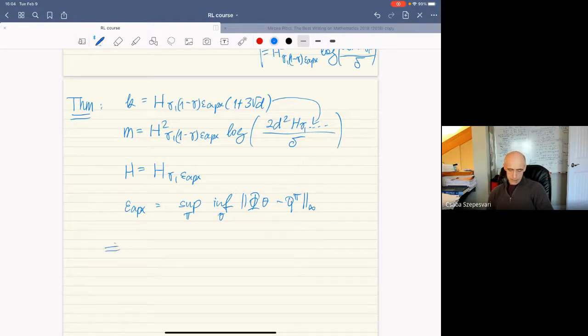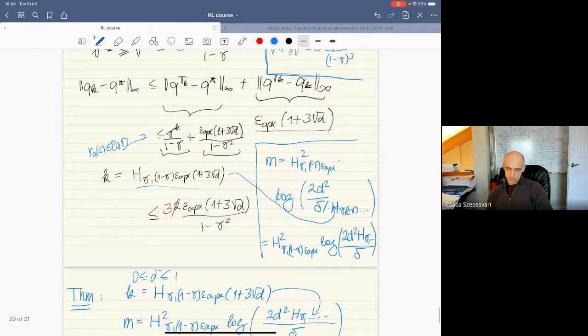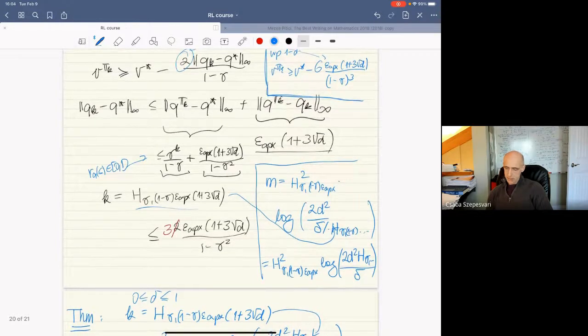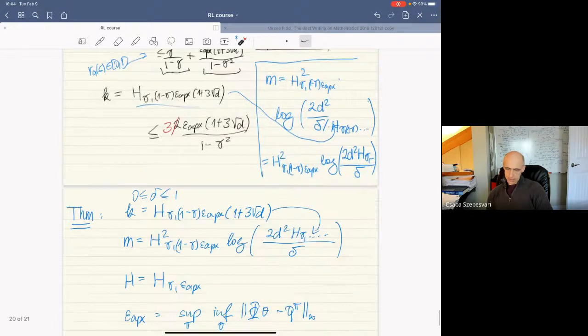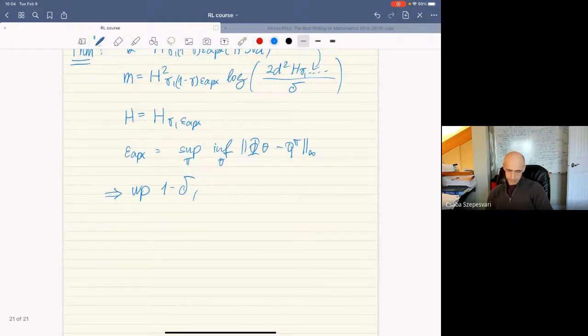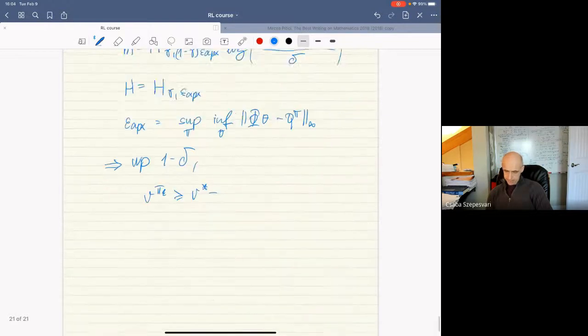Then it holds that with probability 1 minus delta, where delta was an arbitrary number between 0 and 1, this holds. So let's copy that. The policy that you read out is going to be good.